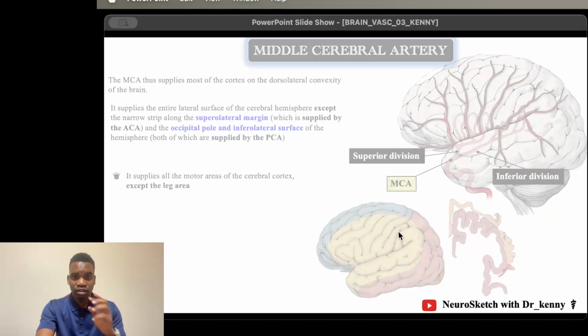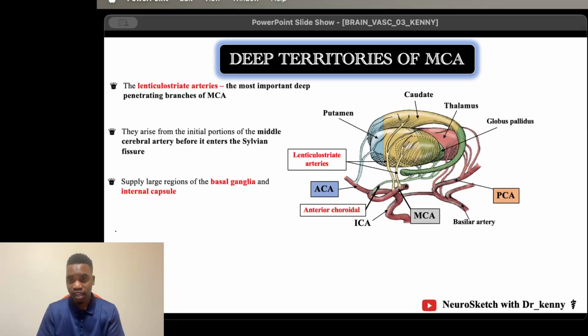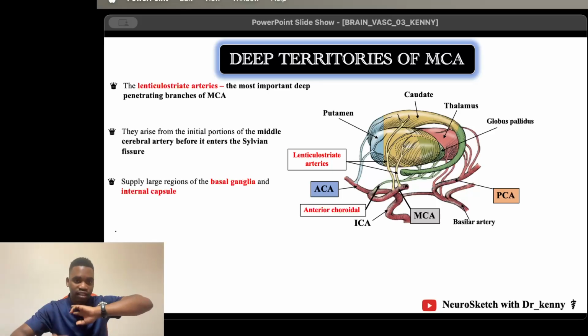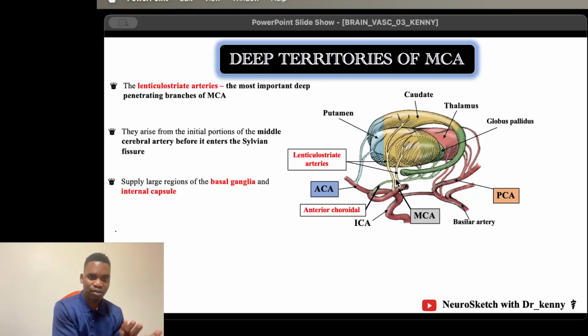So let's take a closer look at the deep structures that are supplied by the middle cerebral artery. As we have said, before it gives two terminal branches, it gives smaller branches, which we call the lenticulostriate arteries, and we know that it supplies the lentiform nucleus and the striatum.